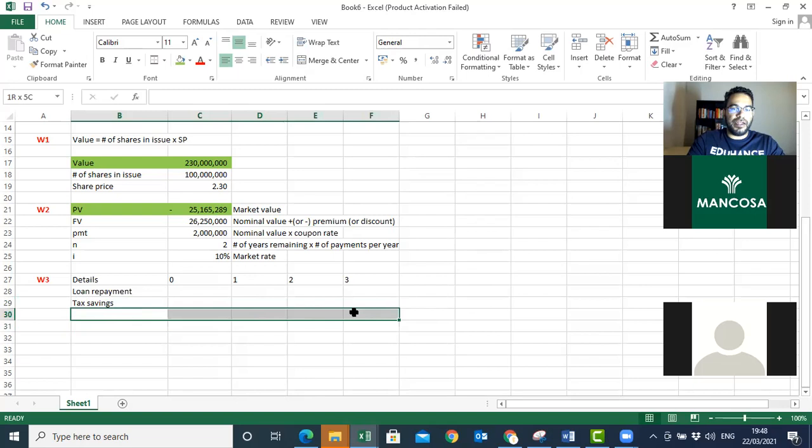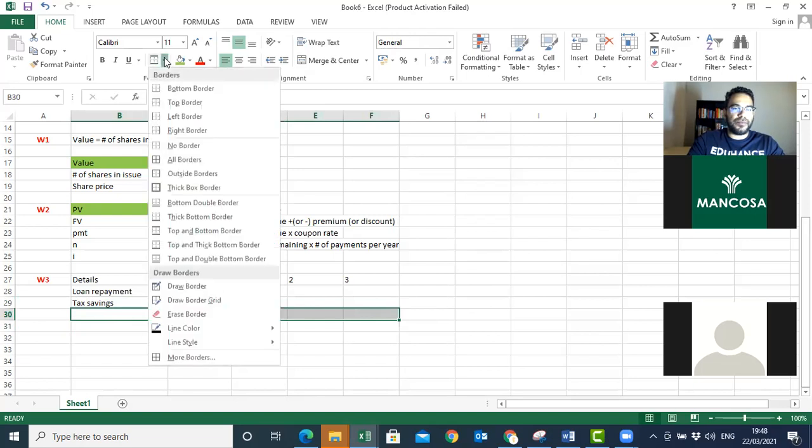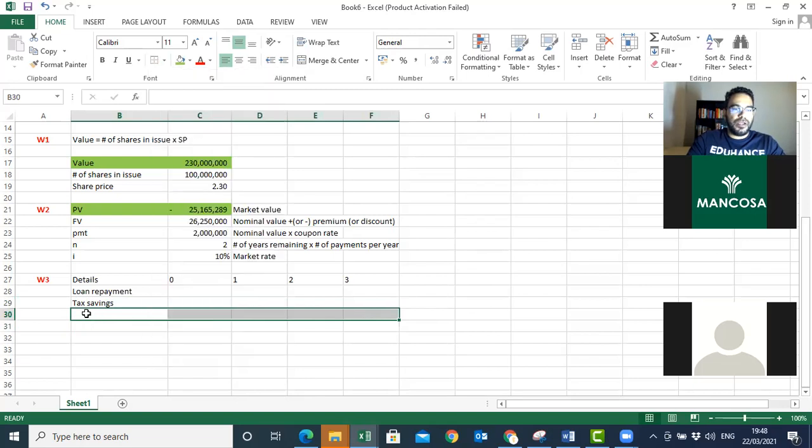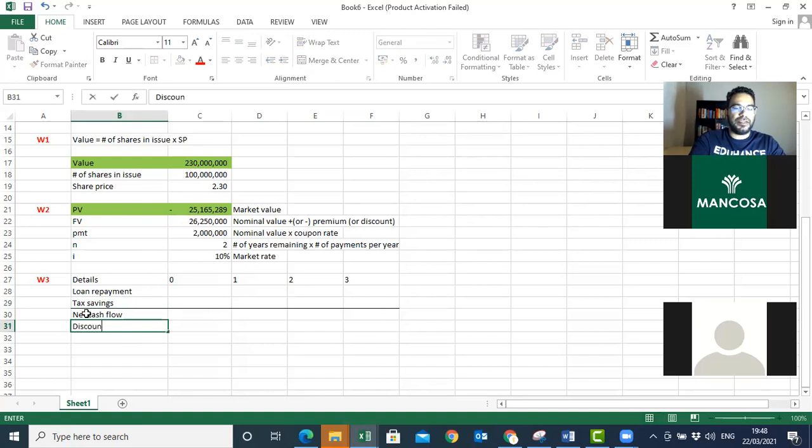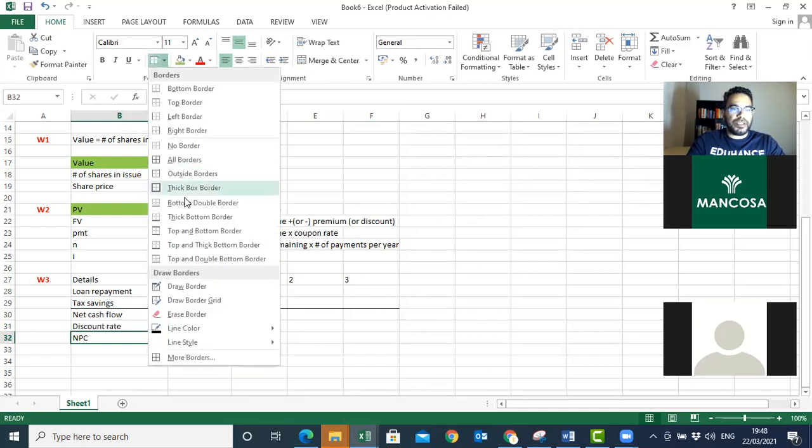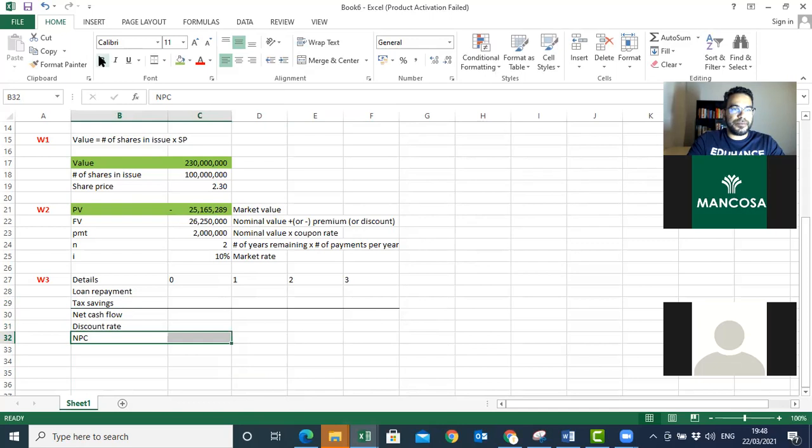Then we'll get our net cash flow. And then we will have the discount rate. And then you will have NPV or NPC. Because it's finance, we'll call it NPC. Okay. And then that will be the answer. Okay, so that is what we are looking for.